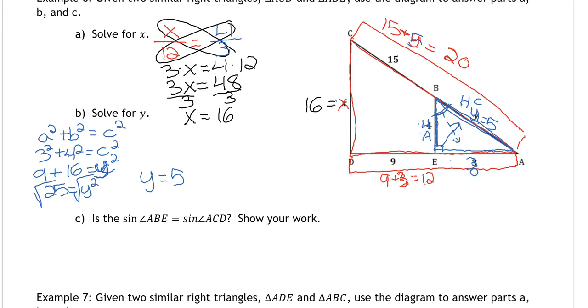We're still doing things with SOHCAHTOA. So sine of angle ABE, so sine equals opposite over hypotenuse. My opposite side is 3 and my hypotenuse is 5.